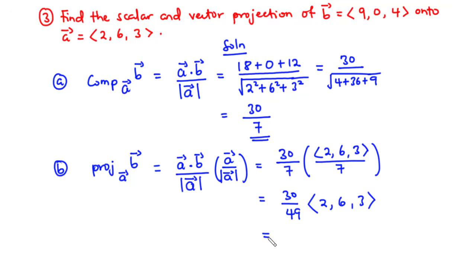At this point, we are going to multiply 30 over 49 by each of the components of vector A. 30 times 2 is 60, so 60 divided by 49. 30 times 6 is 180, so 180 divided by 49. And then 30 times 3 is 90, so 90 divided by 49. Basically, this is the vector projection of vector B onto vector A.